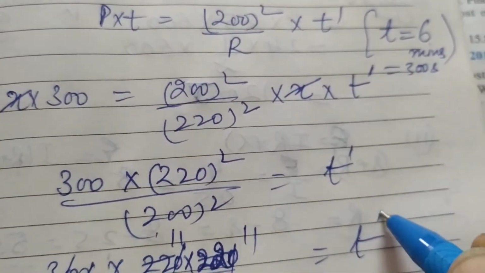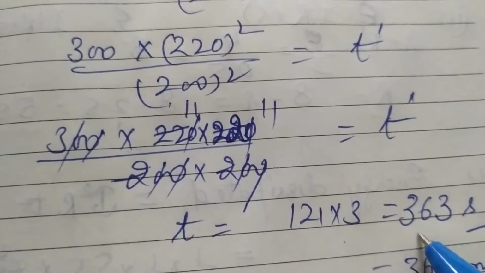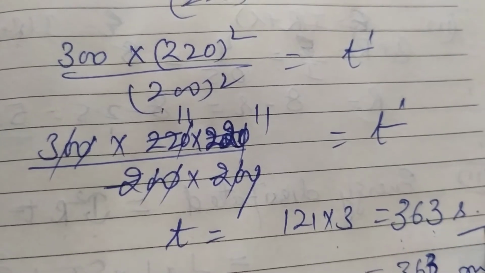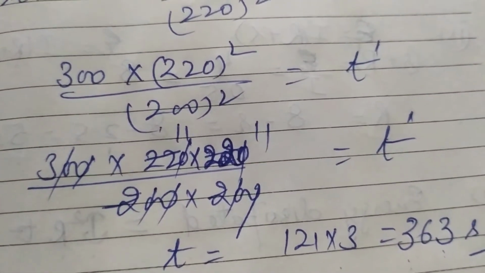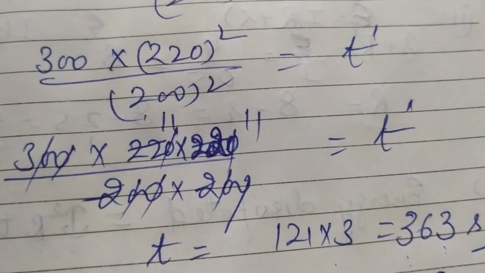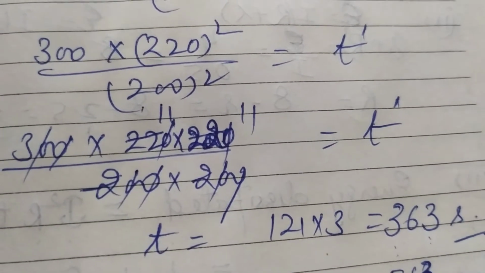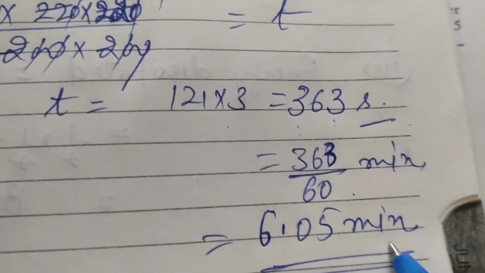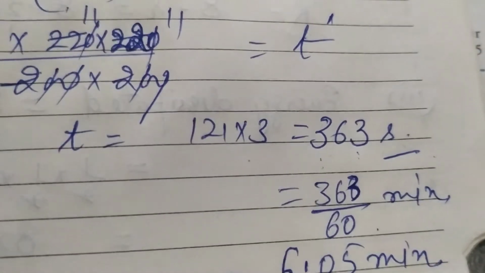Now T dash will come out to be 363 seconds. If the answer is required in minutes, just to compare, you can leave the answer like this, but in minutes if you want, divide it by 60 and you will get the answer 6.05 minutes.